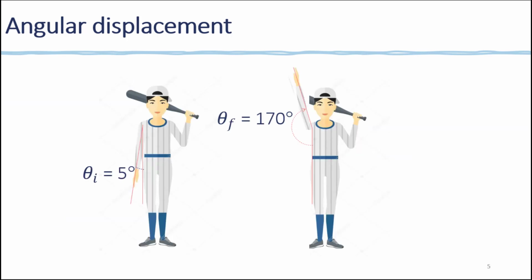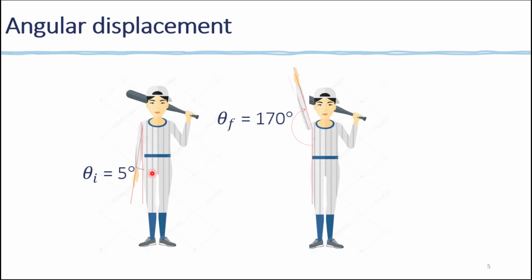Okay, let's try an angular displacement calculation now. So here we have a baseball player that's being evaluated for their shoulder joint range of motion. And the measurement begins with the player's arm at their side, as you can see in this picture on the left. So this initial angular position is 5 degrees from this vertical plane here.